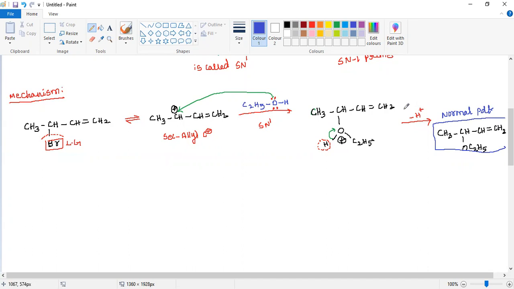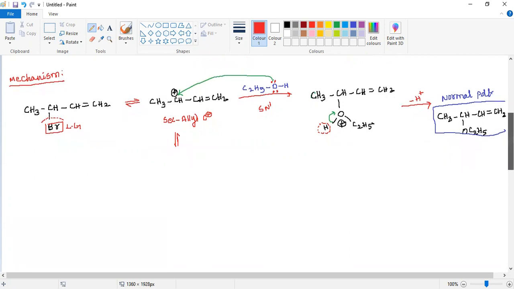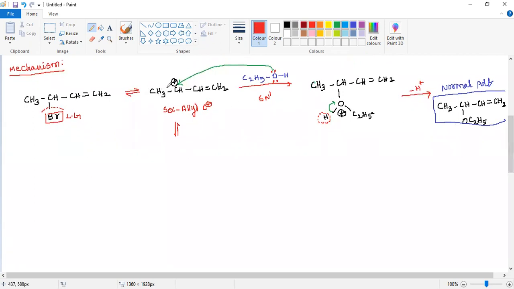Go for the rearranged product. For the rearranged product, the secondary allyl carbocation that we took should be converted to a primary allyl carbocation. The carbocation should move to the last carbon.